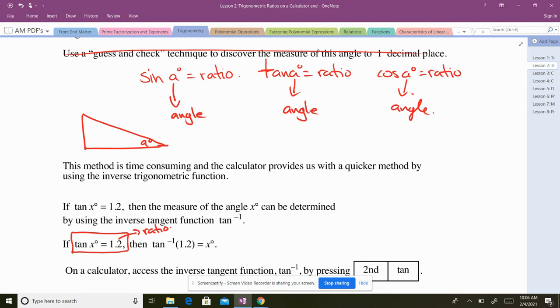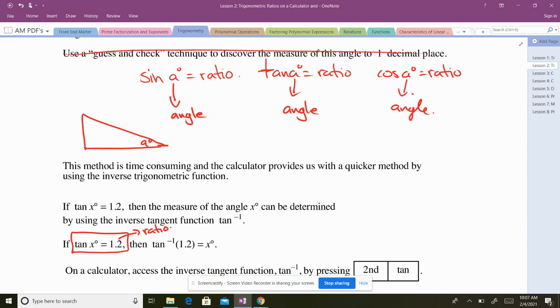Does everybody have those? Tan to the minus 1, cosine to the minus 1, and sine to the minus 1. All right. Okay, so this is the button you use to find out angles.